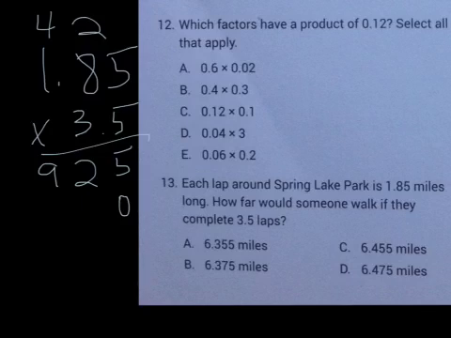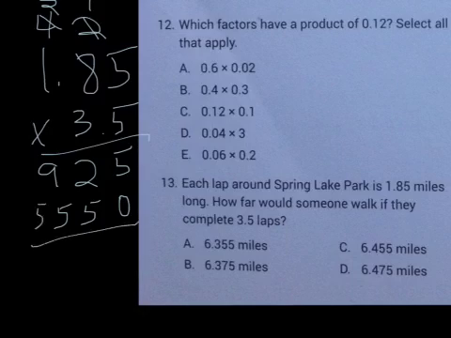3 times 5 is 15. 3 times 8 is 24, plus 1 more is going to give us 25. 3 times 1 is 3, plus 2 more is going to give us a 5. Just simply add. 5 plus 2 is 7. 5 plus 9 is 14.